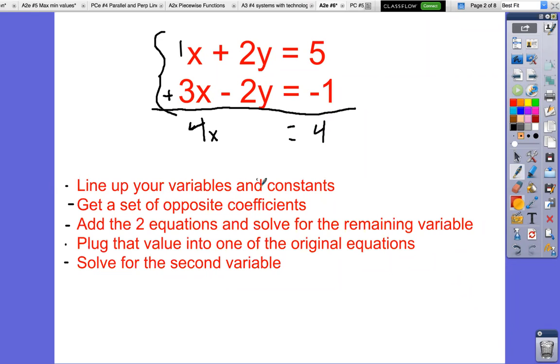So we're going right through all of these. We lined up our variables. It was already set up. Get a set of opposite coefficients. We already had that. Add the two equations and solve for the remaining variable. So if I divide both sides by 4, I know that x is 1.